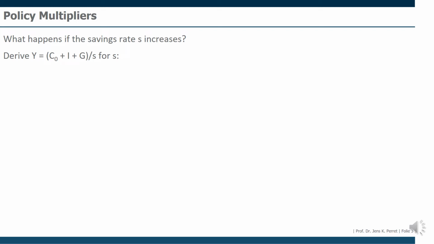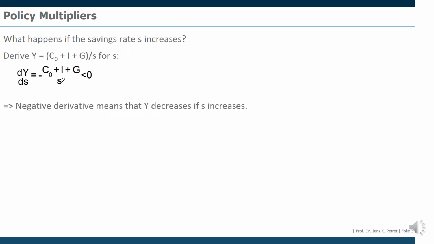In this case, we use the same formula we had before and simply derive this formula for S. In this context, we get this derivative. Due to the fact that the S here is in the denominator, we get a minus in front. Everything on top here is positive.